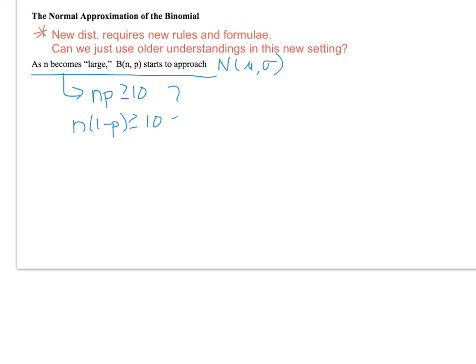So we'll do a little check and we'll make sure that we don't have extreme values, and really what this guards against is extremely large and extremely small p-values throwing off what the distribution looks like. If you were to look at the distribution for really small p-values and really large p-values, again p being probability of success, you would see that the distribution for a binomial looks nothing like a normal distribution.